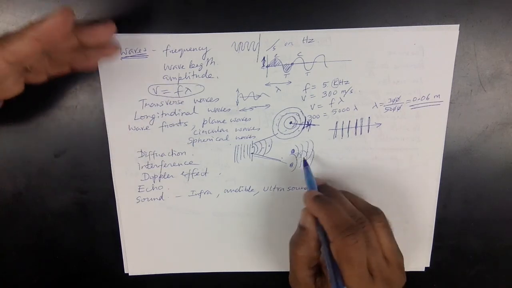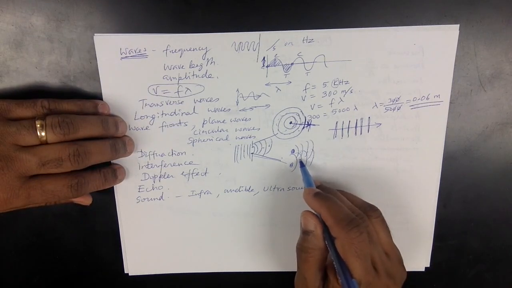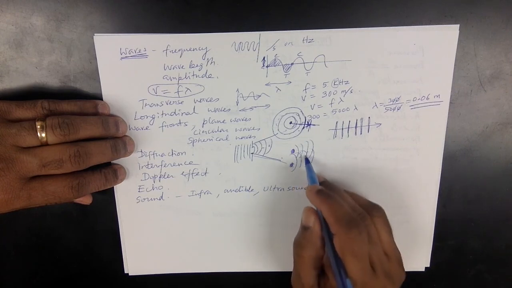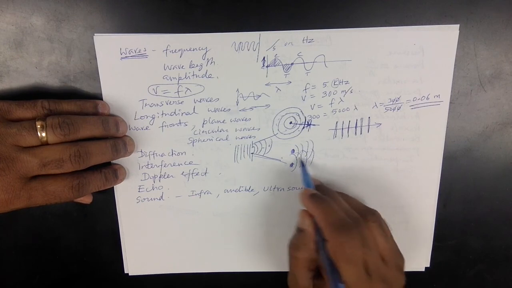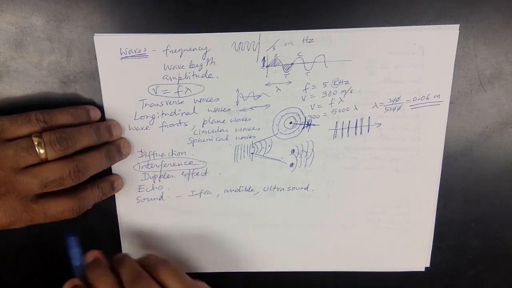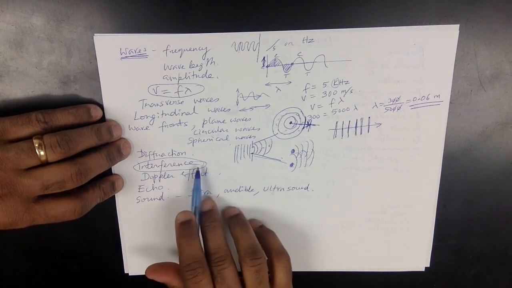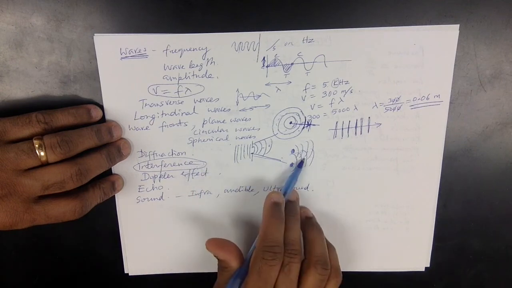On water ripples, if you have two sources next to each other, you will see water piling up at some spots and canceling each other's effect at other spots. Those kinds of things are called interference. So when two or more waves meet together, that causes interference.